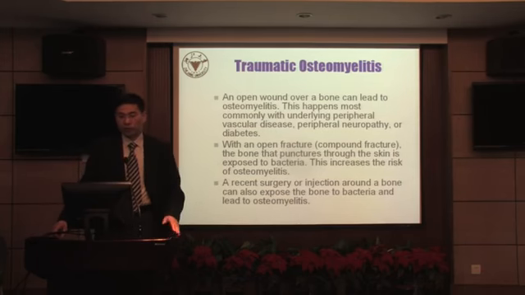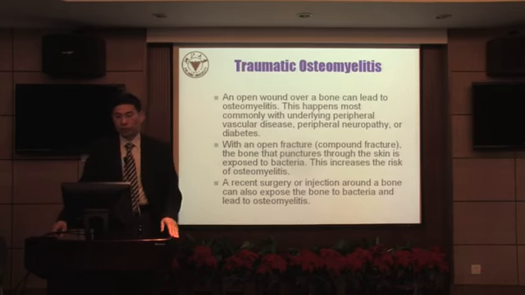So we have so-called traumatic osteomyelitis. That means an open wound of the bone can lead to osteomyelitis. This happens most commonly with underlying peripheral vascular disease, peripheral neuropathy or diabetes.